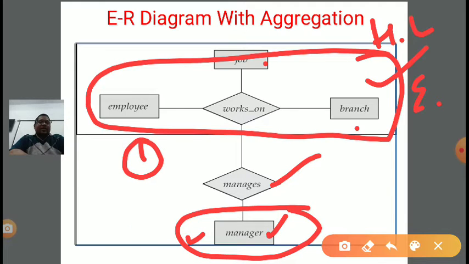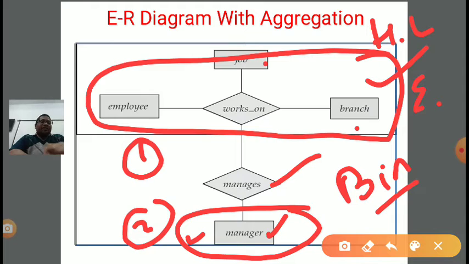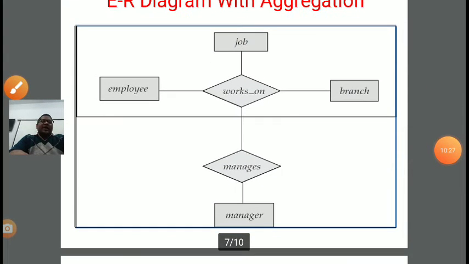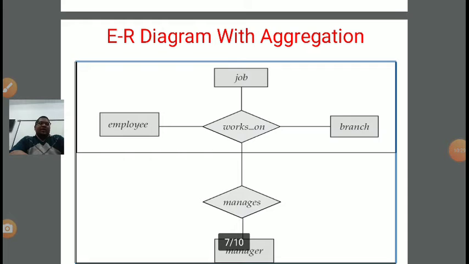This is one entity and this is the second entity. So this becomes a binary relationship. We converted our complex relationship with the help of the aggregation concept into a binary relationship, which is much simpler.